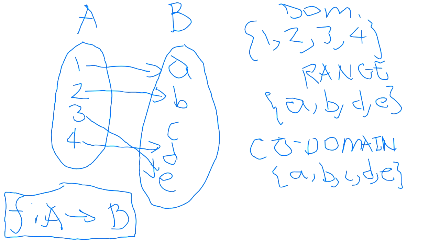I think I know how to say it now: let f mapping A to B be a function. What I said a while ago sounded redundant, so let me say it one more time. Let f mapping A to B be a function, and C is a subset of A.